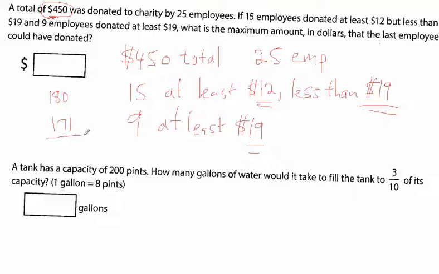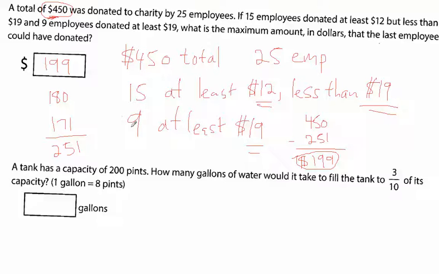If we add these two together, we've got 251, which means that if a total of 450 was given, the least the other 24 employees could have possibly contributed together is $251. If we subtract this, we get $199, which is the absolute maximum amount the last person could have donated.